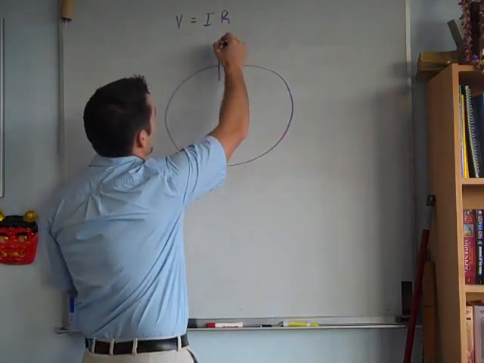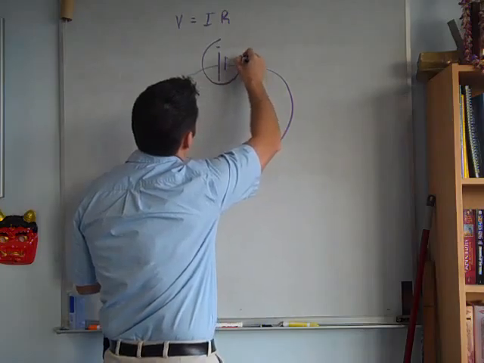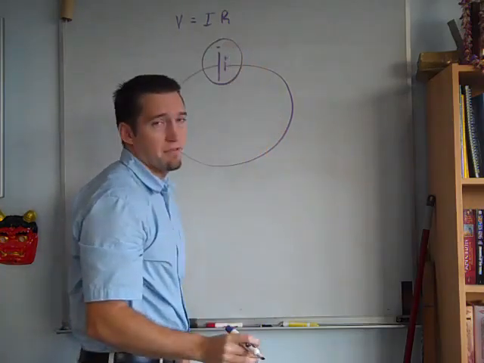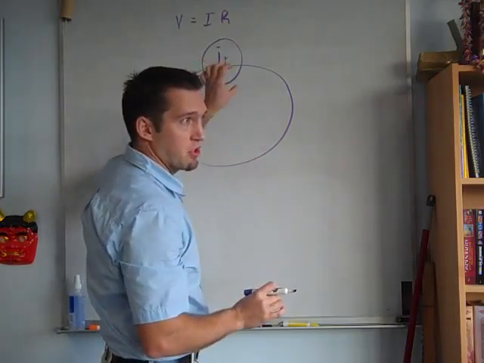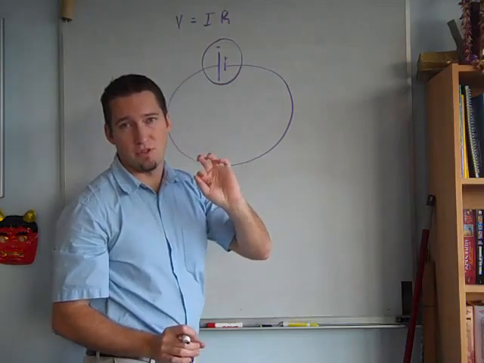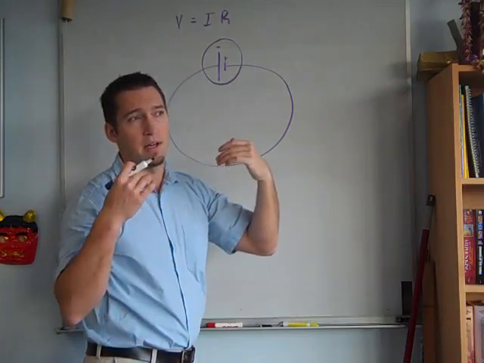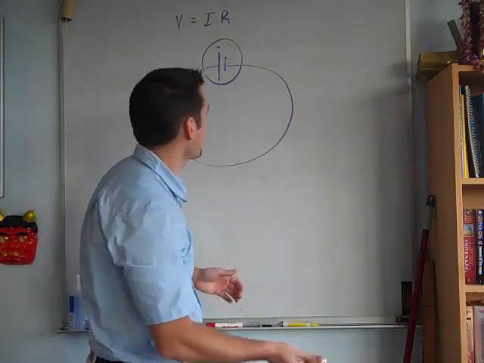So the voltage source itself, when it's self-contained, it's not connected, there's a potential there. And that's what voltage is. It's a potential to do work. So it's an example of a potential energy.